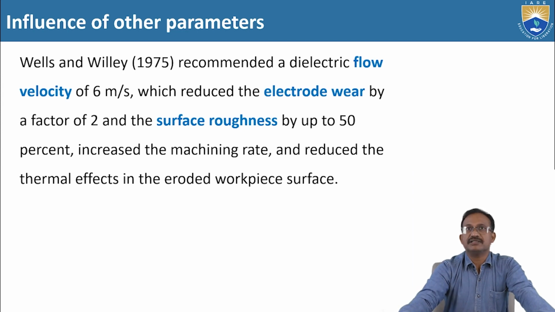Influence of other parameters, let us see. Various other researchers have discussed this. Wells and Wiley, during 1975, recommended a dielectric flow velocity of 6 meters per second, which reduced the electrode wear by a factor of 2 and the surface roughness by up to 50%, increased the machining rate and reduced the thermal effects in the eroded workpiece surface.